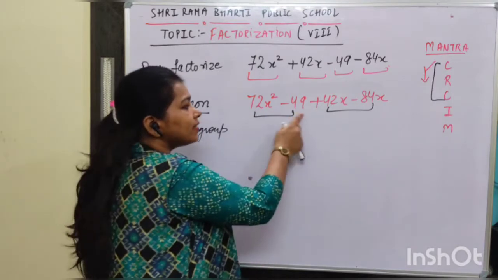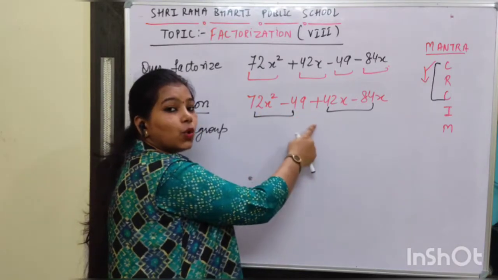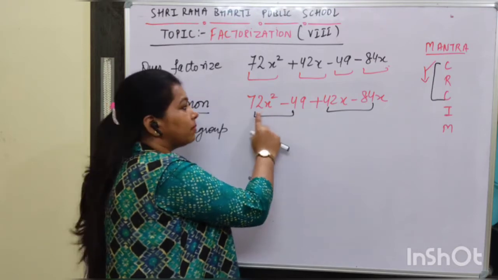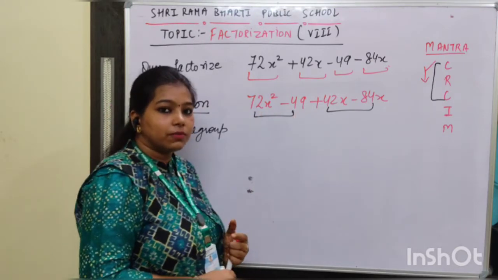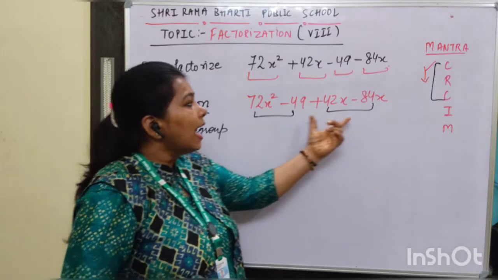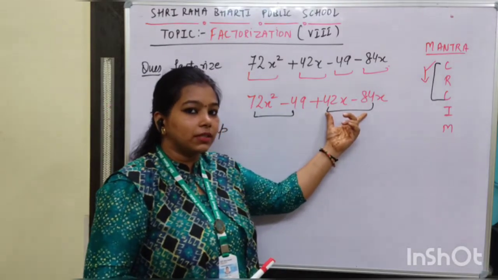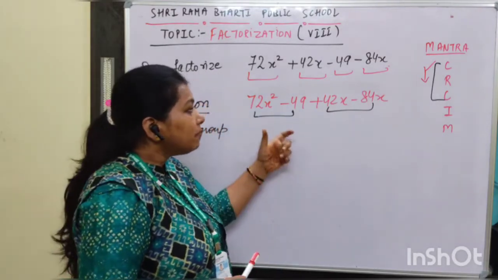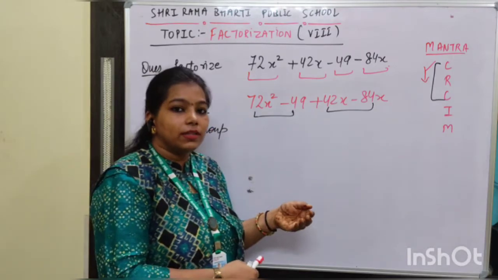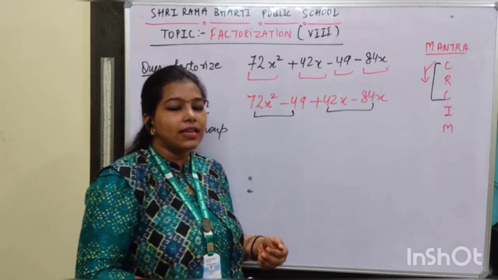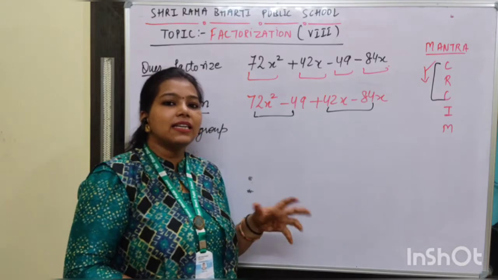We can see that there is no common number between these two terms, and here we can find the common number. So it means the regrouping that we have done is somewhere incorrect.